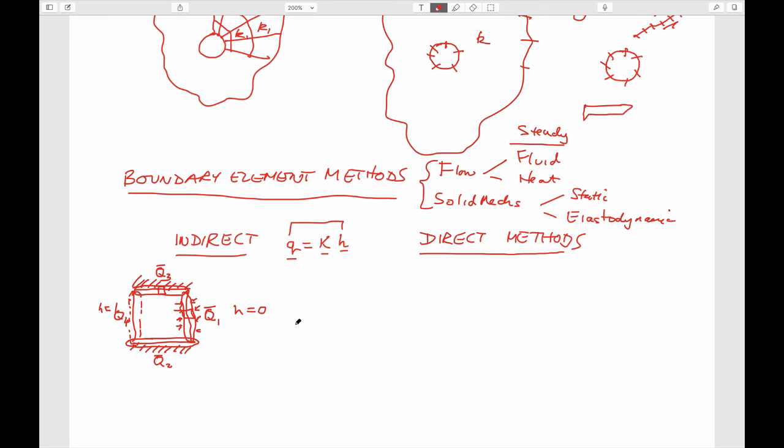So these indirect methods are sometimes referred to as fictitious source methods for flow problems. So this is for flow. And for solid mechanics problems, they have two distinct terms. Some are called fictitious force methods, following on from this.